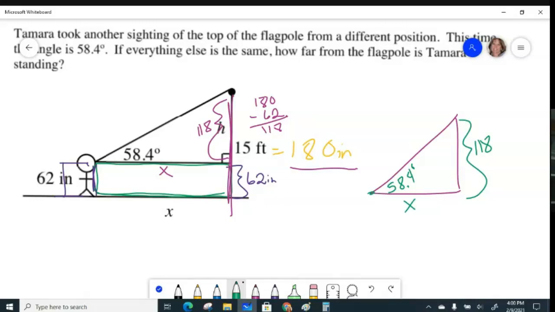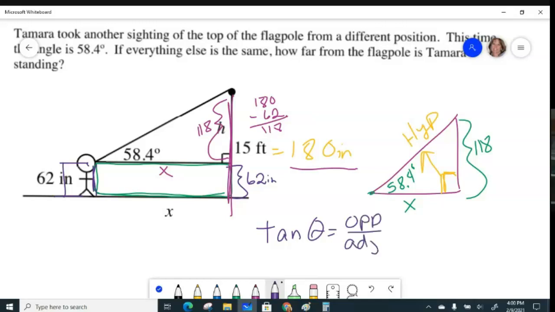Okay, so again, we want to go through and identify. Our 90 degrees is always going to be with the ground, like the building and then the ground. So that's my hypotenuse, so we're not using a hypotenuse. That means we're not using sine and we're not using cosine. So we are going to use the tangent. And of course, we know that the tangent of theta is the opposite over adjacent.